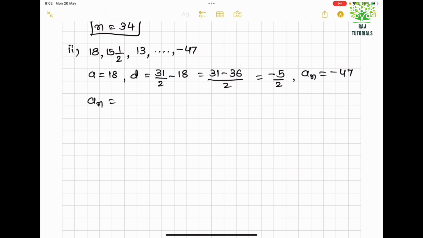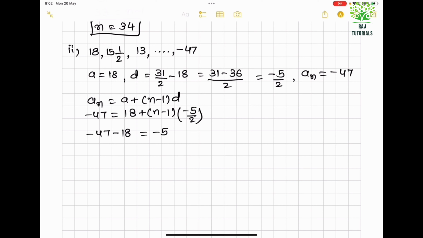Again AN equal to A plus N minus 1 D. So minus 47 equal to 18 plus n minus 1 into minus 5 by 2. So minus 47 minus 18 equal to minus 5 by 2 into n minus 1.